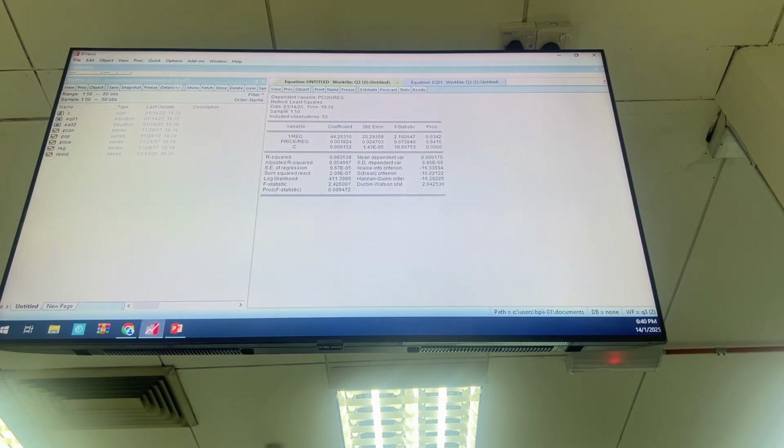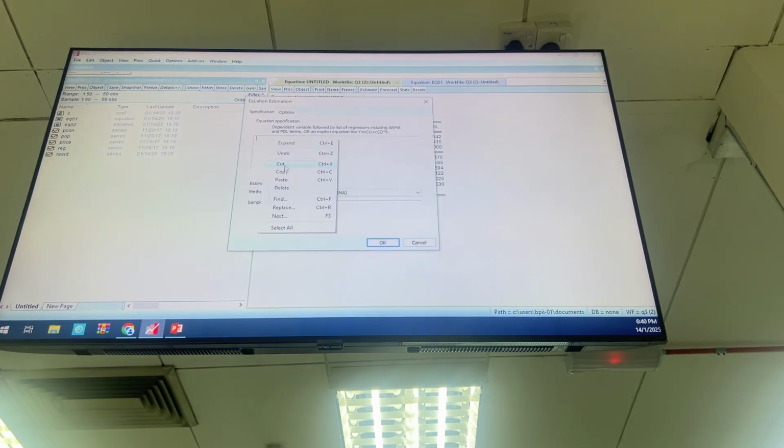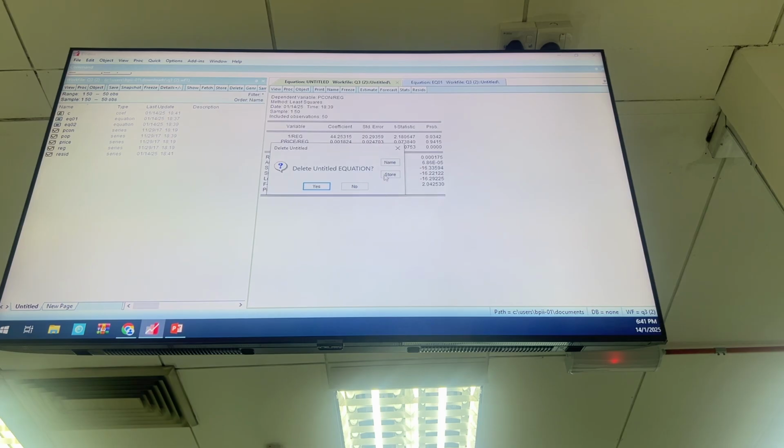So you estimate the model using the double log model. This one is equation 4.